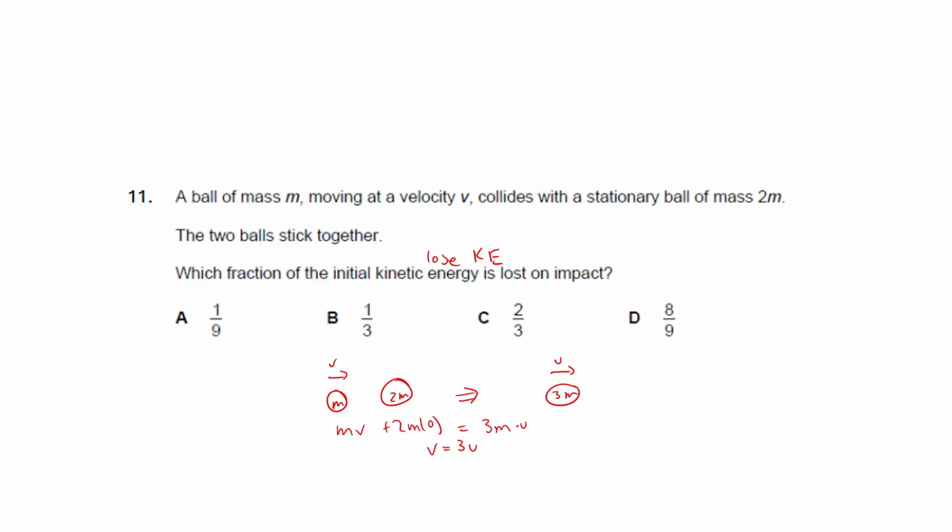Now let's calculate our initial kinetic energy. If we take this, we have 1/2 mv squared plus 1/2 times 2m times 0 squared, and this is equal to 1/2 times 3m times u squared.